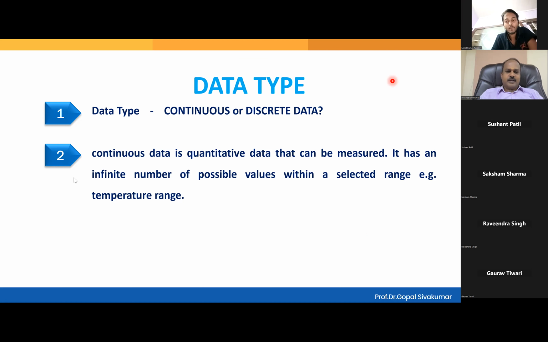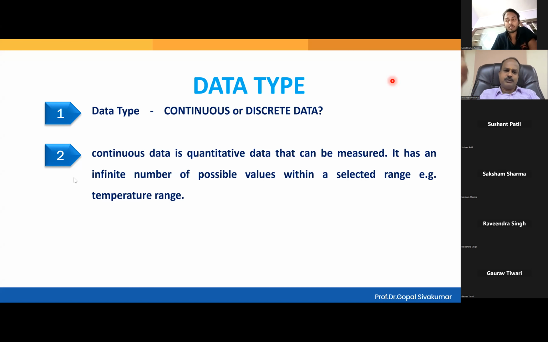Very good. You are expecting always, room temperature means, let's say, you very well know it will be from 20 degrees to 35 degrees Celsius. But from 20 to 35, how many values are possible? You can't just count, isn't it? You can't count and you can't predict also.